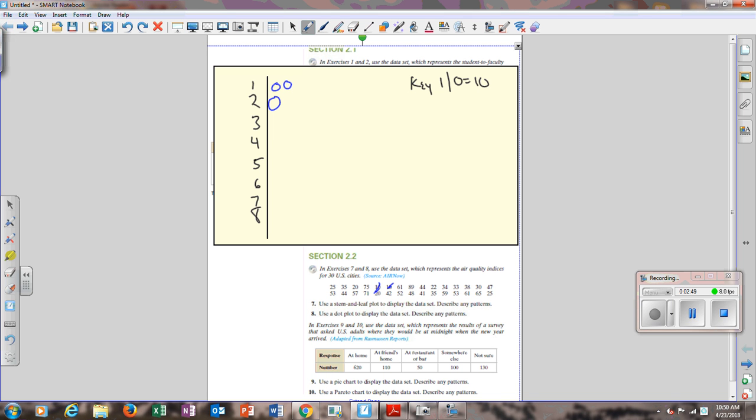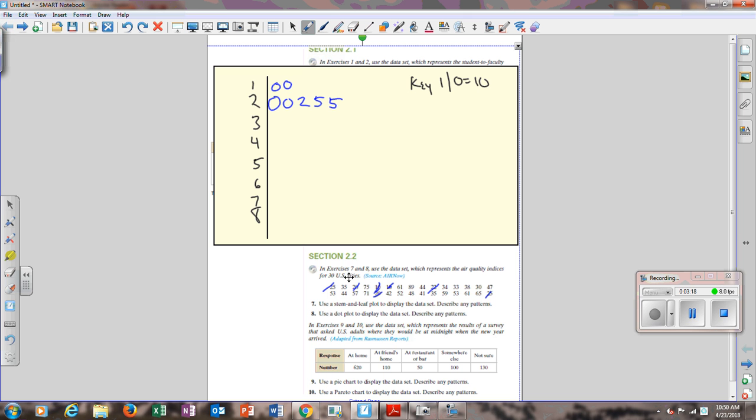So we have 20, 25, 22, and another 20 here. Then we have the 22, and 25 here and 25 here. So 5, 5.